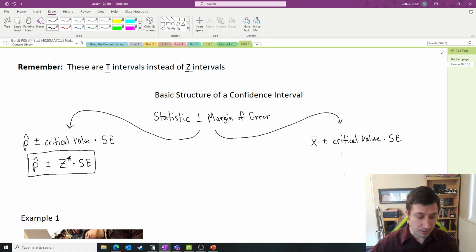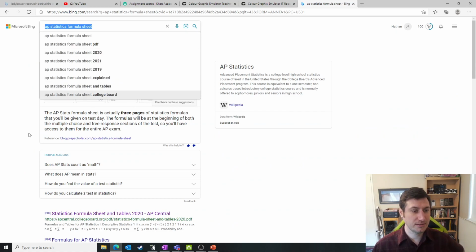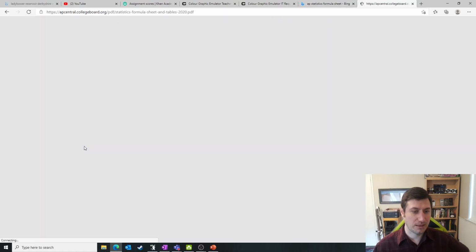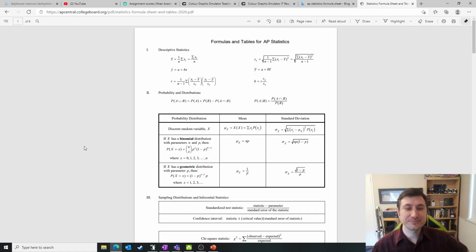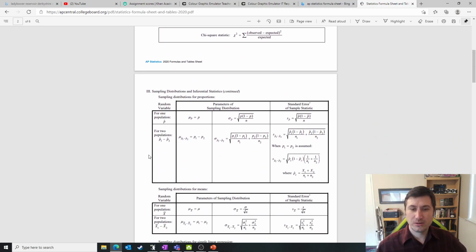Now, all of this can be found, this might help answer your question as well, Evelyn, on the AP Statistics formula sheet. So you go to the formula sheet. Right here was the formula we used for the standard error: the square root of p times q divided by n.